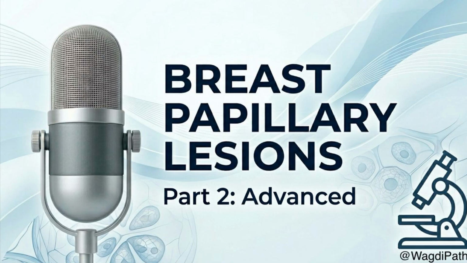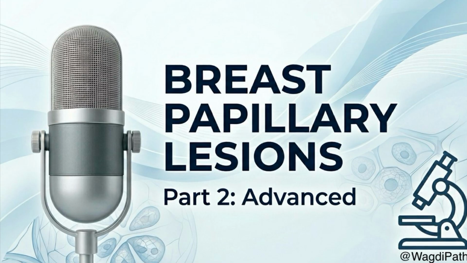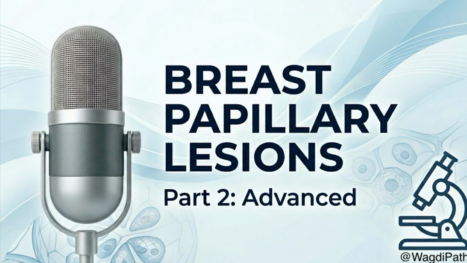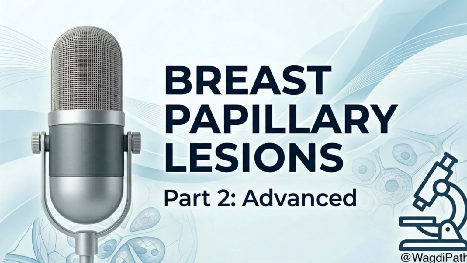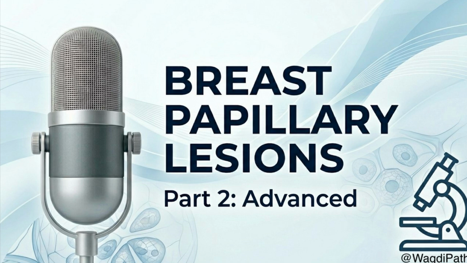So the obvious practical question is, why 3 millimeters? Well, the 3-millimeter threshold is essentially a surrogate marker for biological volume and chronological development. It provides pathologists with a reproducible, objective metric to standardize diagnoses across different centers, so we aren't just guessing.